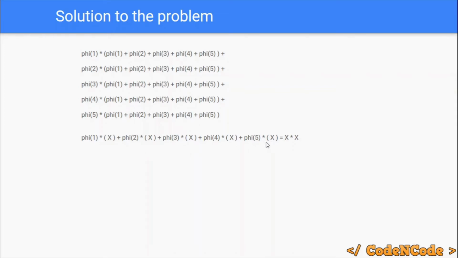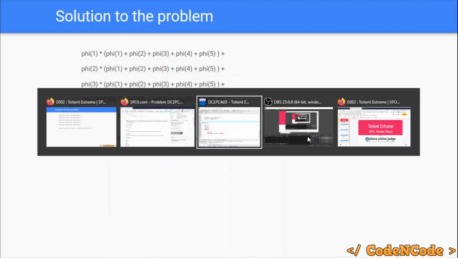So we can take x out, and inside the bracket what we are left with again is the same thing, that is the sum of phi from 1 to n, which is again x. So the overall result is x into x, that is x squared, where x is the sum of all totients from 1 to n. So our result for n would be the sum of all totients from 1 to n multiplied with the sum of all totients from 1 to n. So this is our final result.